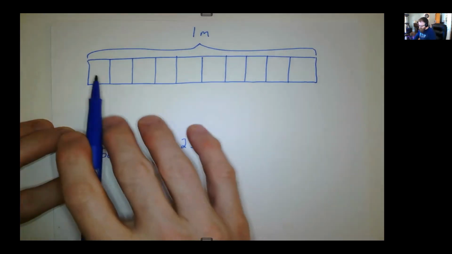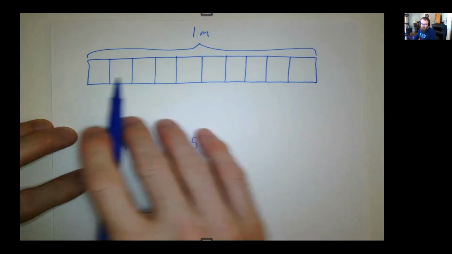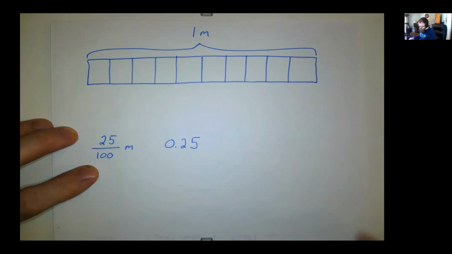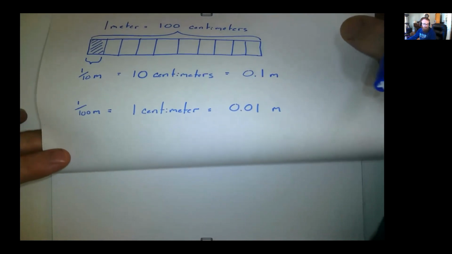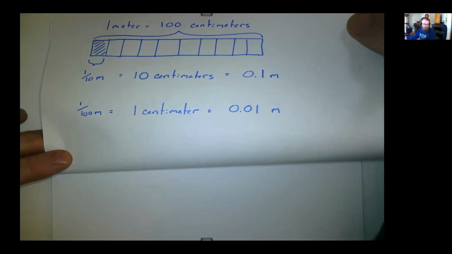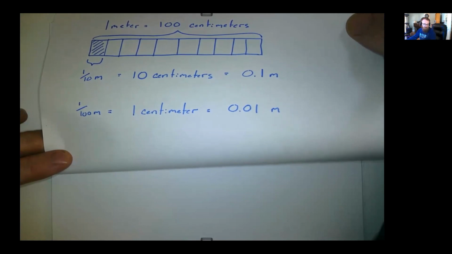We know that our meter is separated into tenths, 10 equal parts. And if we look back to the work we just did here, 1/10 of a meter is equal to 10 centimeters.